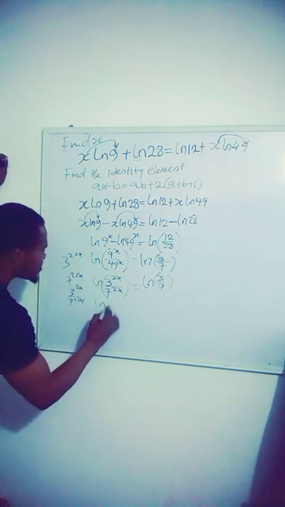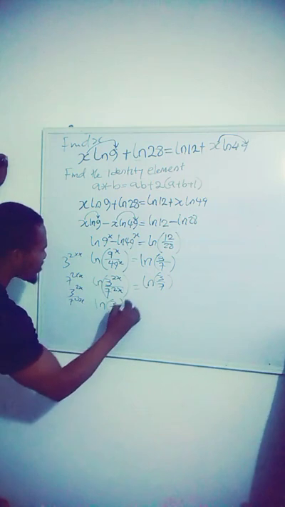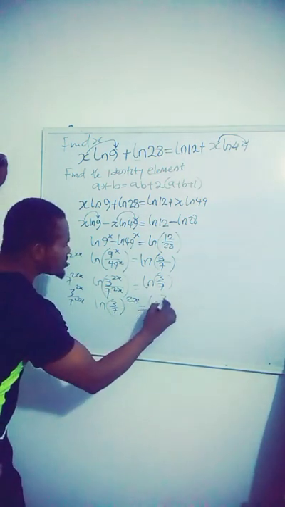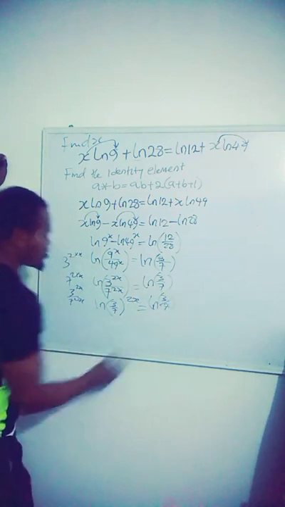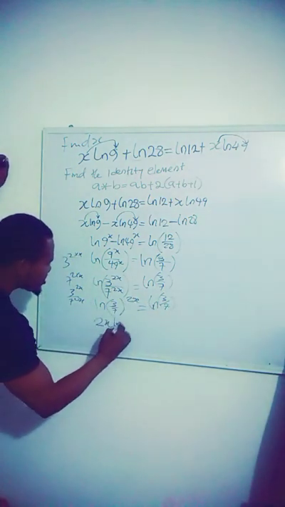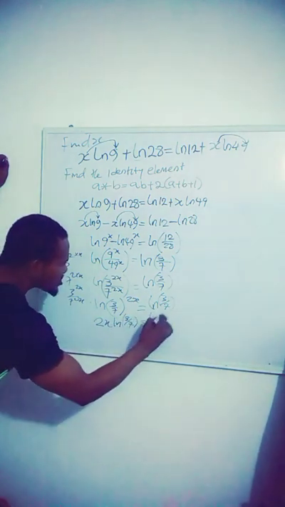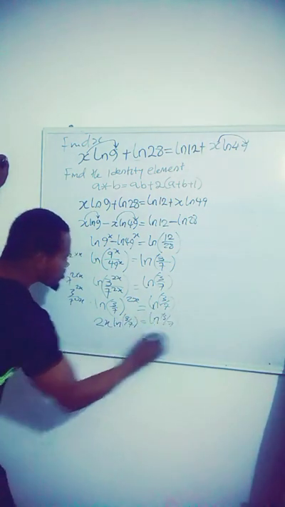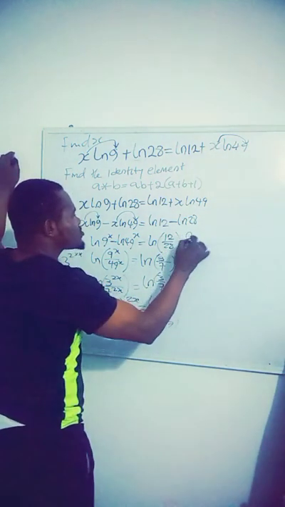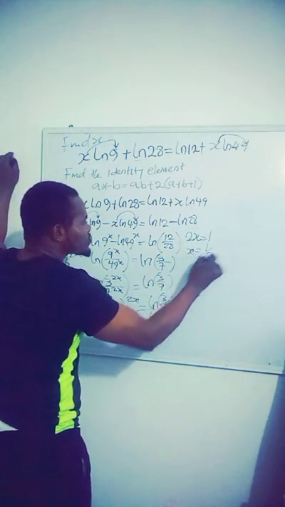So you can say ln 3 over 7, all raised to power 2x, equals ln 3 over 7. Now you can take the power back here and say 2x ln 3 over 7 equals ln 3 over 7. So ln 3 over 7 cancels ln 3 over 7. You are left with 2x equals 1, so x equals 1 over 2.